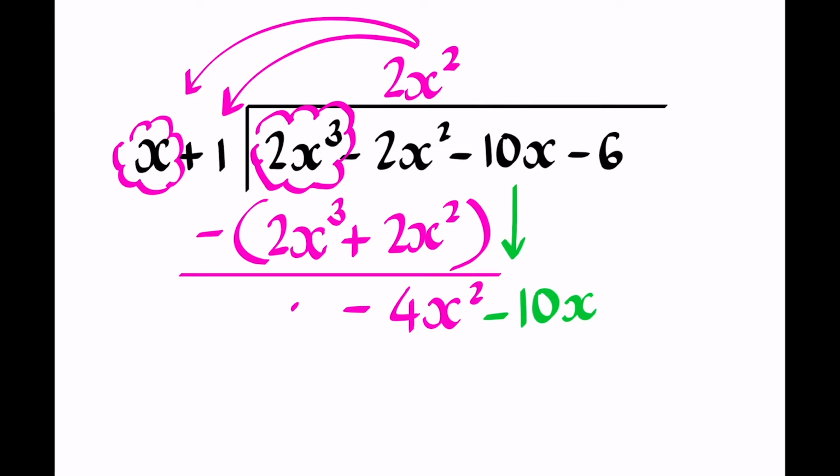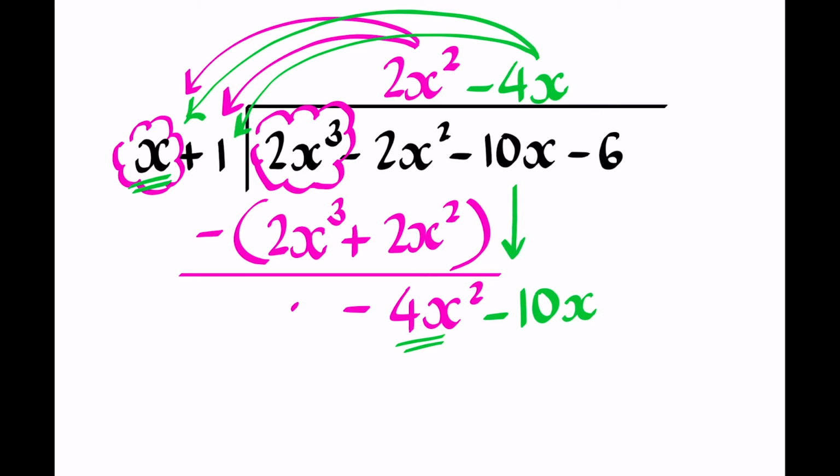Now what I do is I take the highest degree of this expression and divide it by the highest degree of the other expression again. So minus 4x squared divided by x is negative 4x. Now I'm going to take that negative 4x and re-multiply it with these two terms.